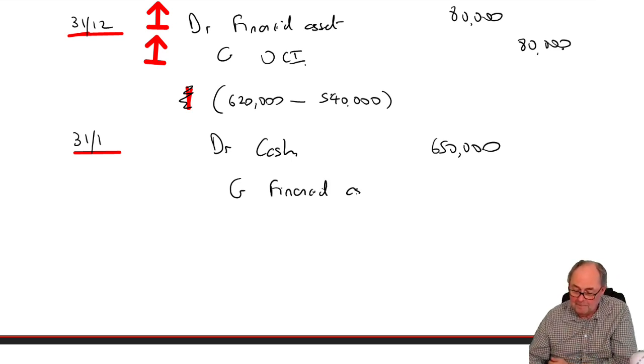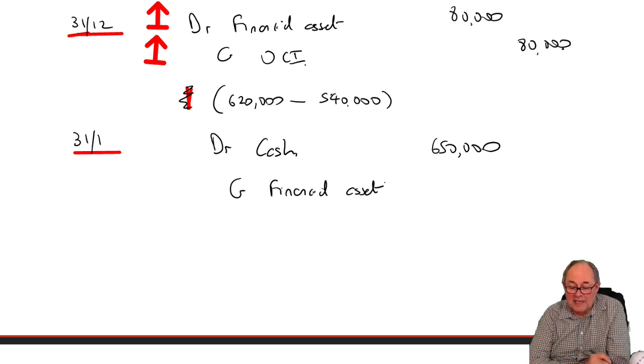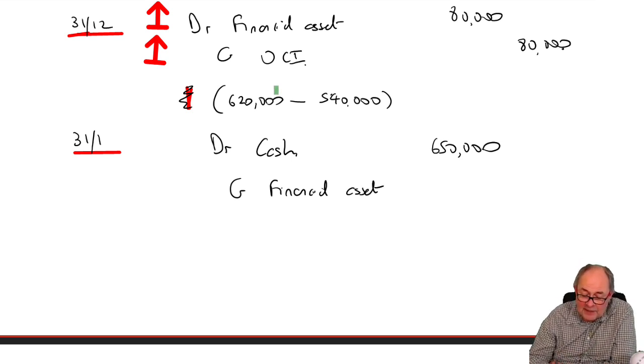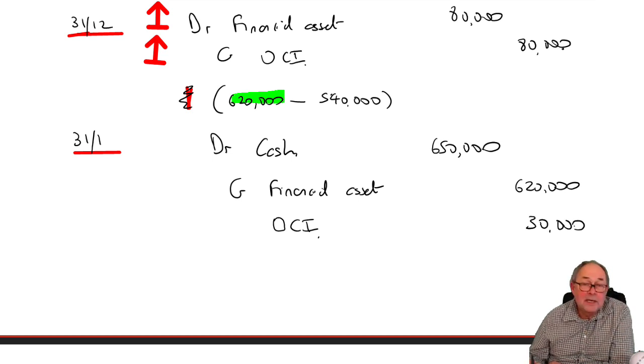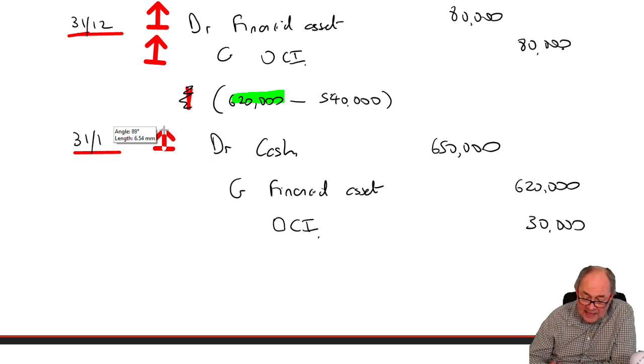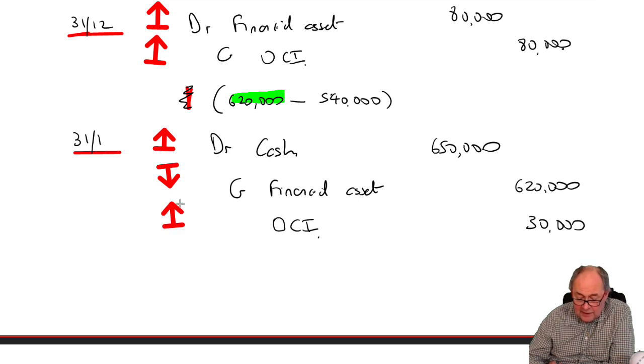The financial asset, remember, is now in the books at 620,000. Your election is irrevocable. So any gain is going into OCI. 30,000, 650 minus 620. The cash is going up, the asset's going down, OCI is going up.